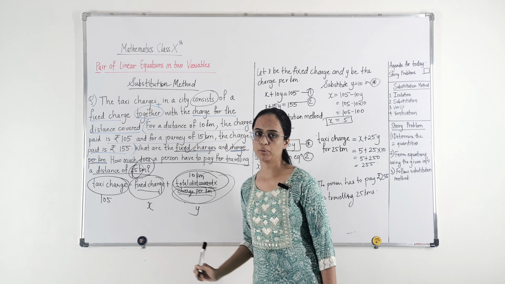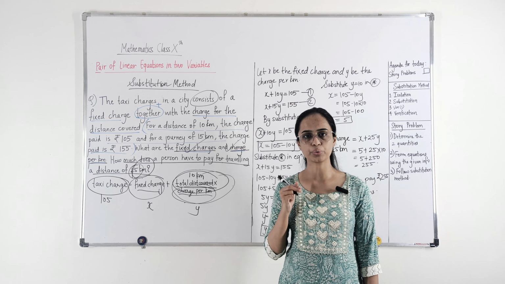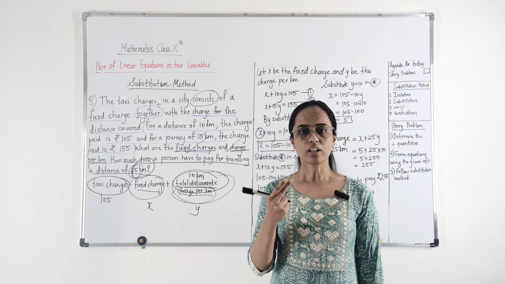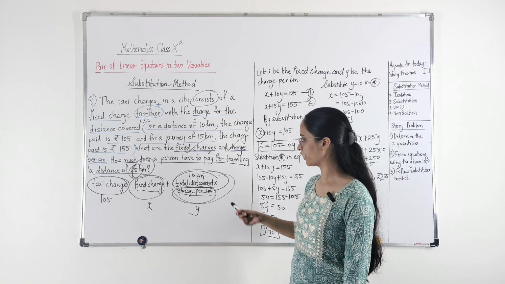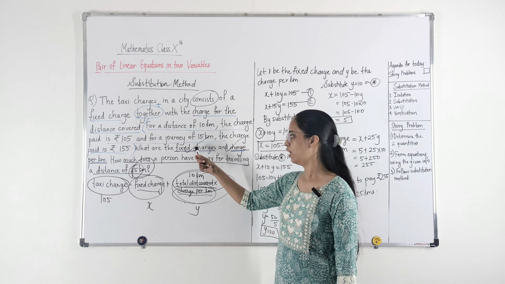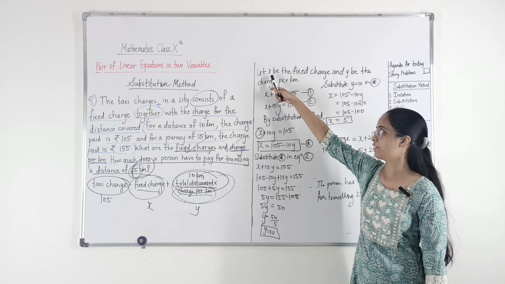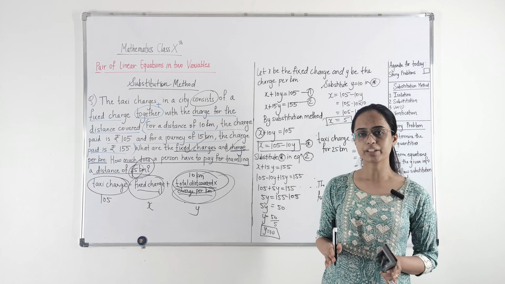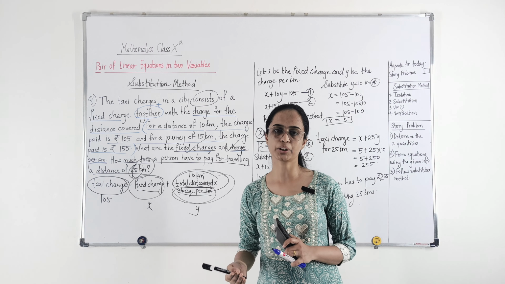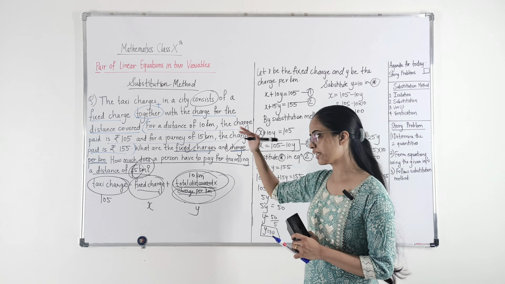This is a story problem in which you are supposed to identify two quantities which you are supposed to find or calculate. Once you have those two quantities, which in this case were fixed charge and the charge per kilometer, you have to take those quantities and assign one variable to each of them, that is x and y. अभी ये दोनों quantities use करके आपको equations banane hai with the help of the given information.